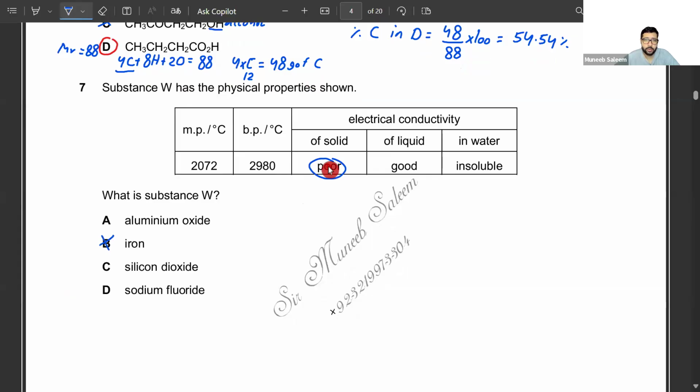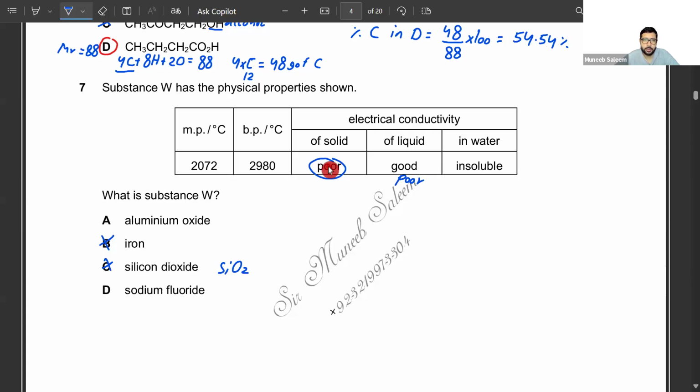So B is wrong. C says silicon dioxide. If it is silicon dioxide, it is a giant covalent compound, then the conductivity of silicon dioxide should also be poor in the liquid form. That's also wrong. D says sodium fluoride and A says aluminum oxide.